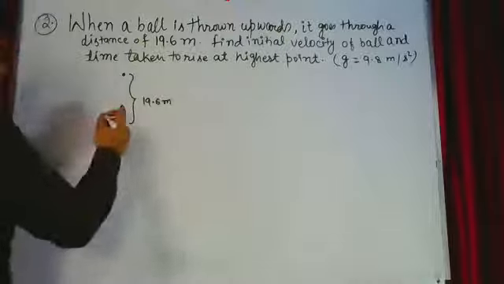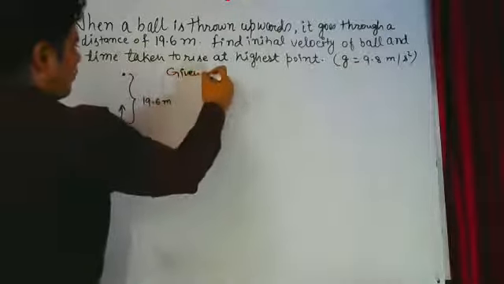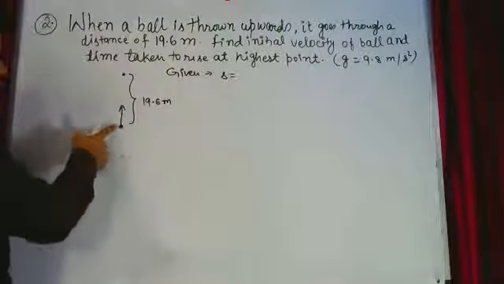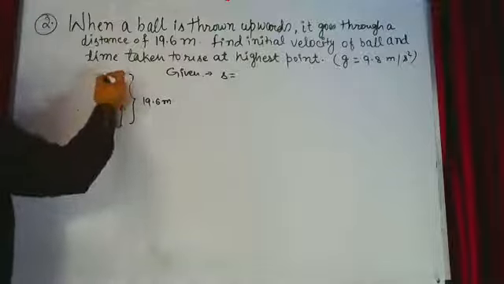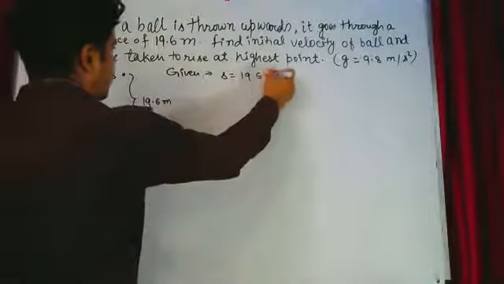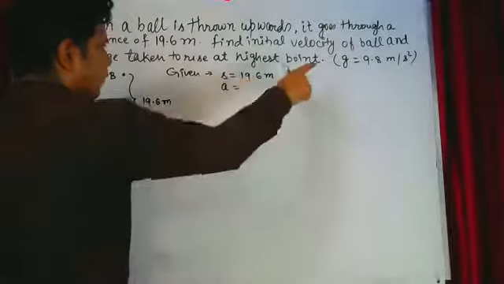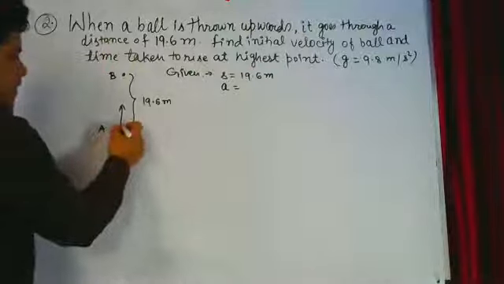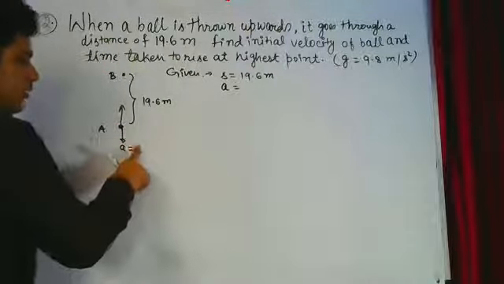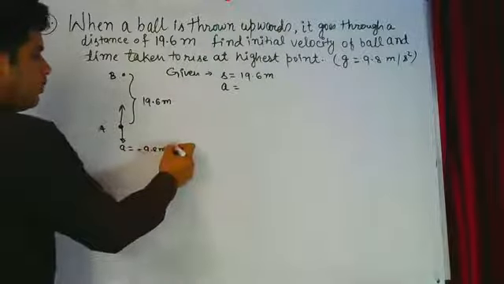Okay, what we have been given is just displacement. During this motion from point A to B, displacement S will become 19.6 meters and acceleration will be 9.8, but this is the ball, so acceleration will be in the negative direction, and this will be minus 9.8 meter per second square.